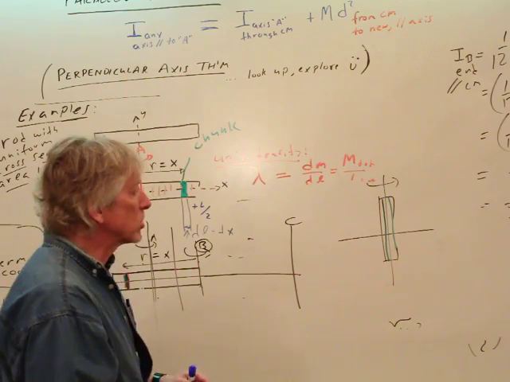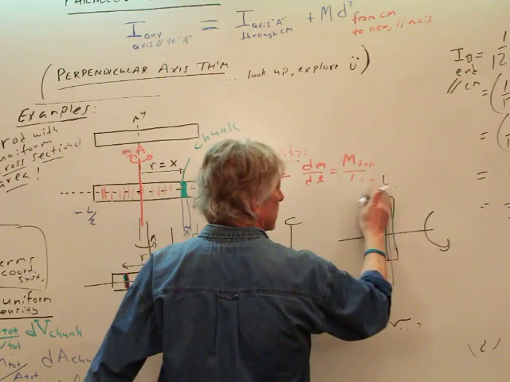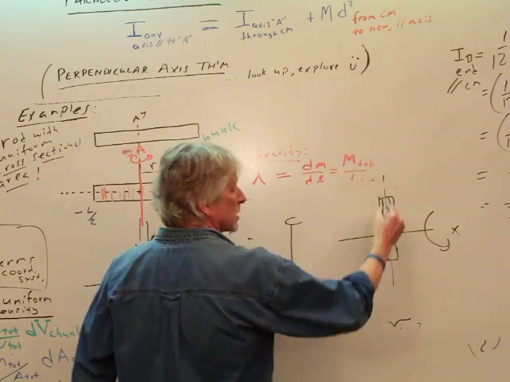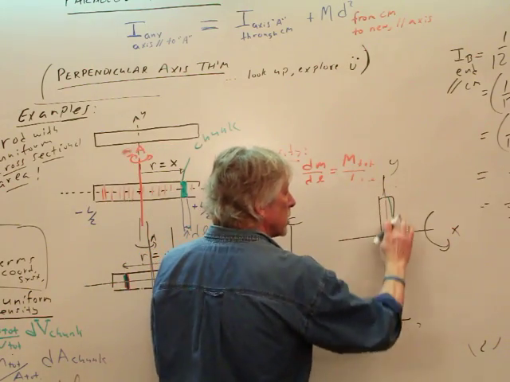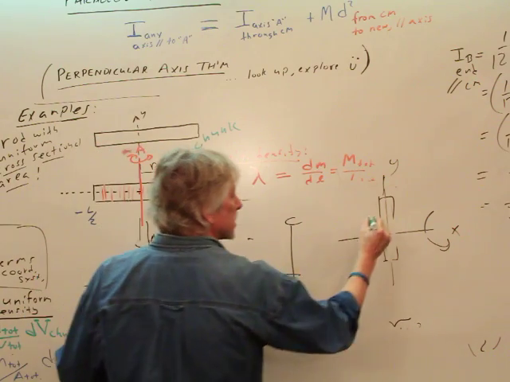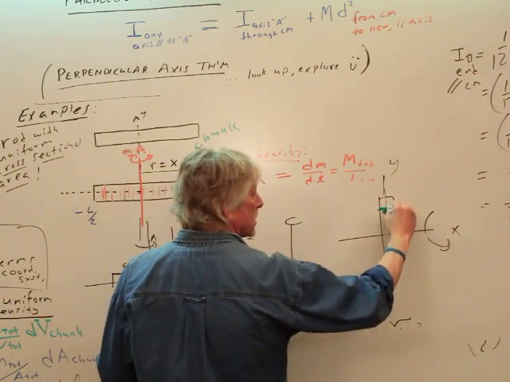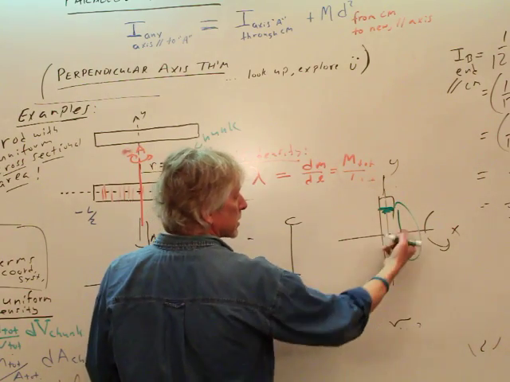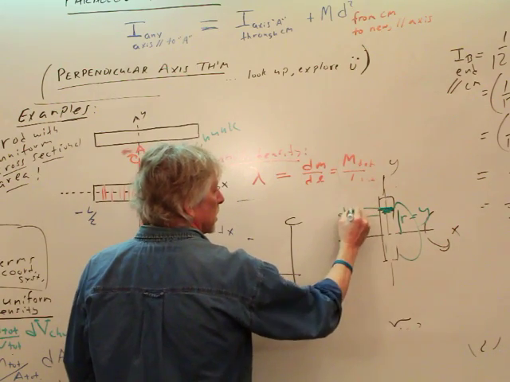If I choose to rotate, say, around the x-axis, then here's y, and then I need to choose my chunk parallel to that axis, because here would be a chunk, here would be the distance around the axis, the r, which is now y, this would be dy.